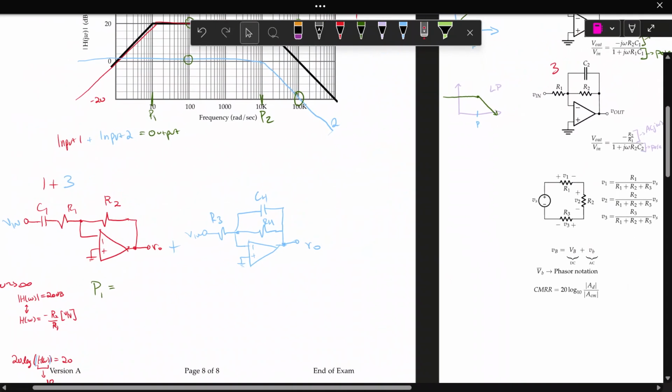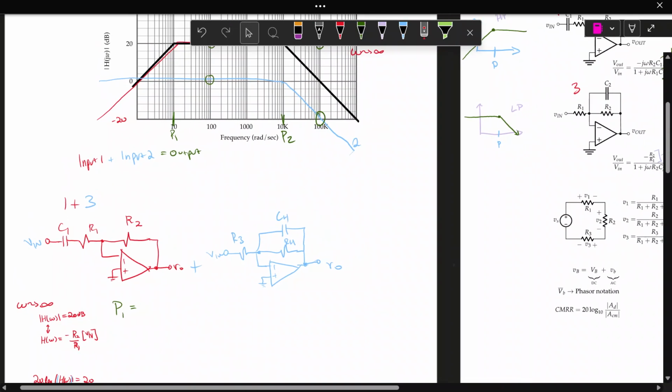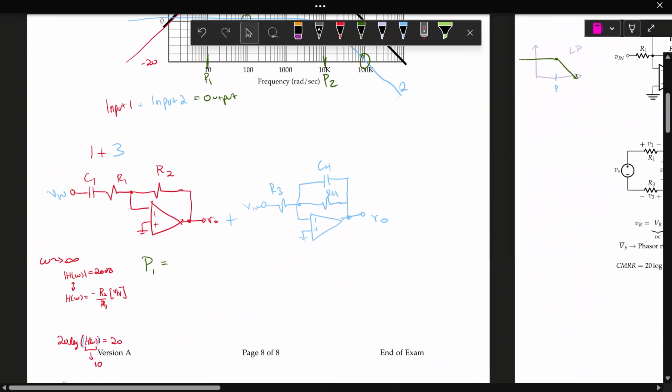Well, let's look at the transfer function for our first amplifier. Here, pole, that's the denominator. But pole 1 is actually going to be 1 plus j omega divided by what? 1 over R1 C1. Our pole is 1 over R1C1.